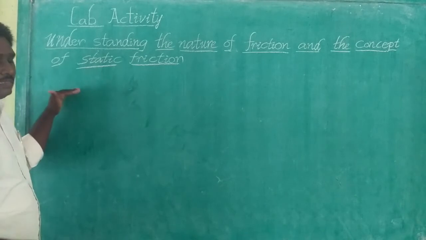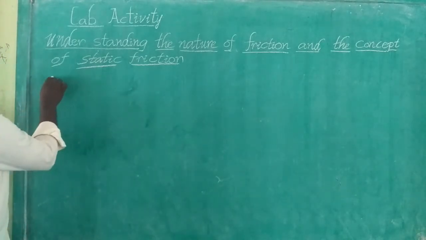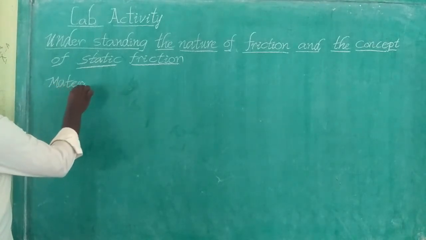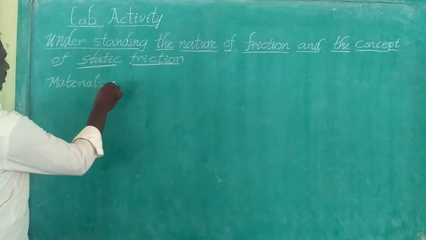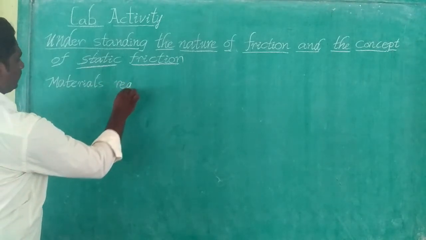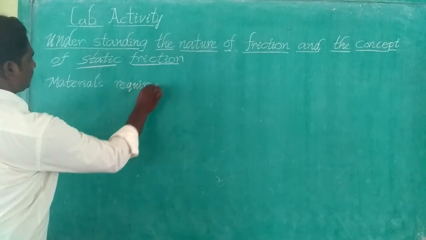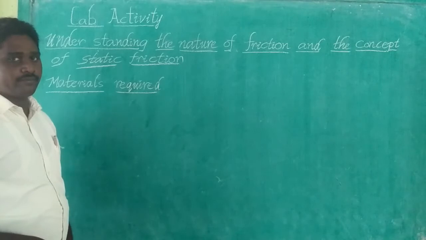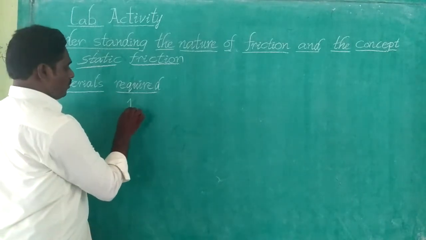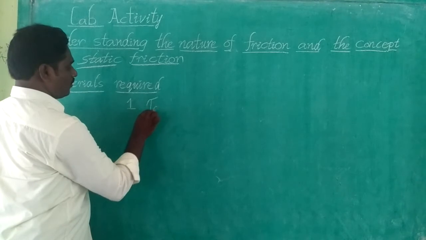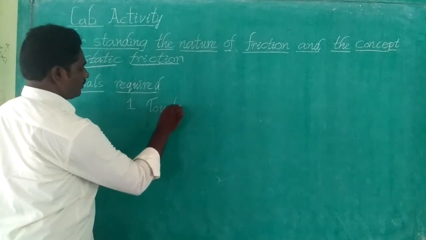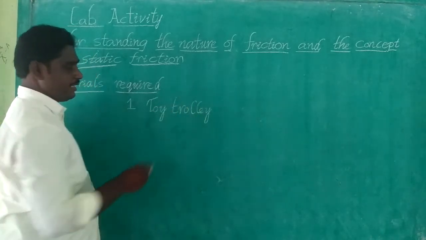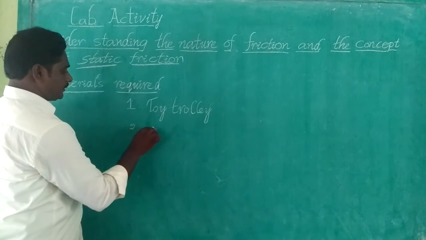Okay, in this lab activity, what materials are required? Materials are required for us to conduct this activity. First one is a toy trolley. Next one is a wooden block.